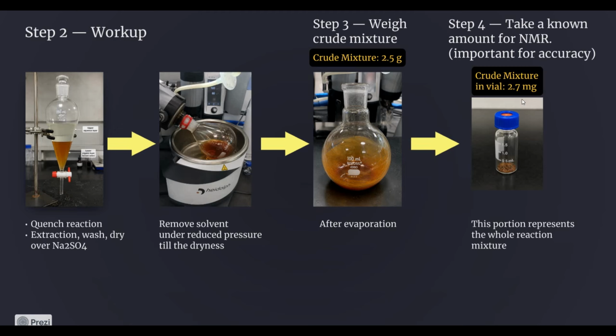So let's say we took 2.7 milligram of this crude reaction mixture in an HPLC vial, and we are assuming that this portion represents the whole reaction mixture. We are assuming that this crude mixture is homogeneous, and any portion you take from this flask represents the whole reaction mixture.